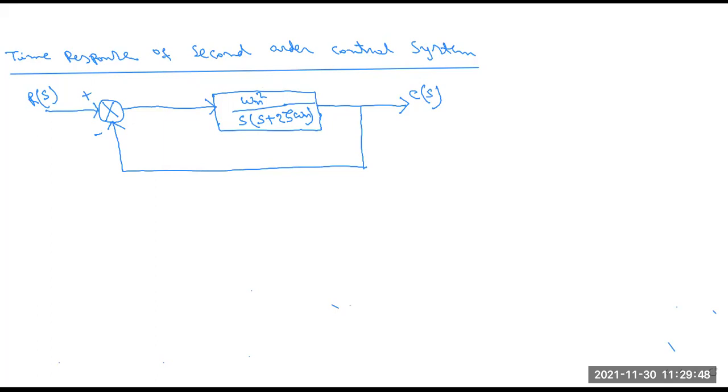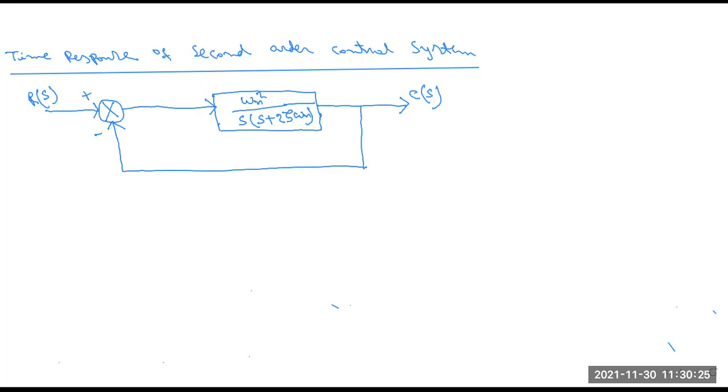So now what is the basic general expression of the transfer function of the second order control system? We know that the transfer function is equal to C(s) by R(s). So this is omega n square divided by s square plus 2 zeta omega n s plus omega n square.